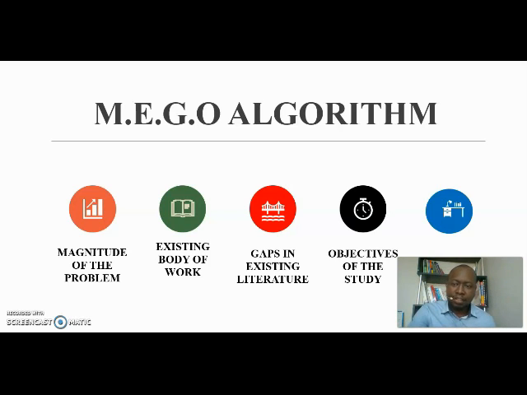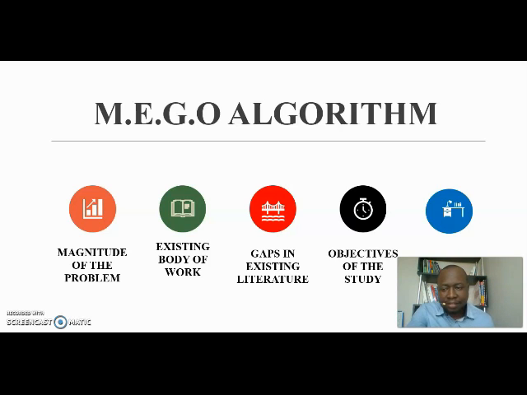Now, the magnitude of the problem should go into the first paragraph. The magnitude of the problem is where you describe the significance of what you're writing about. For example, you might be doing research on the association between gig workers, or people that work in the gig economy, and cardiovascular disease.